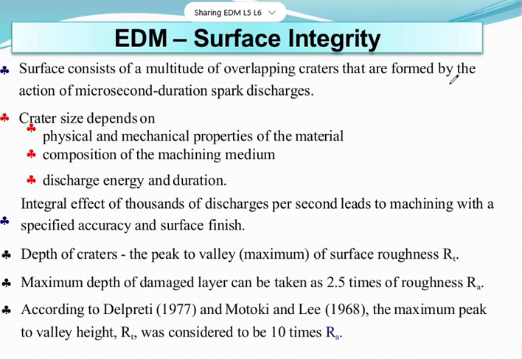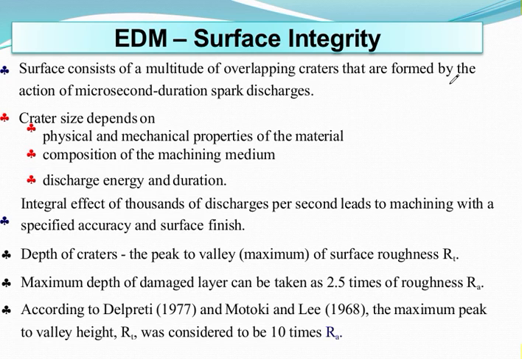Now we are talking about surface integrity. What is surface integrity? Basically, it describes the surface condition. The surface consists of a multitude of overlapping craters formed by the action of microsecond-duration spark discharges, and the crater size depends on the physical and mechanical properties of the material, the composition of the machining medium, and the discharge energy and duration.